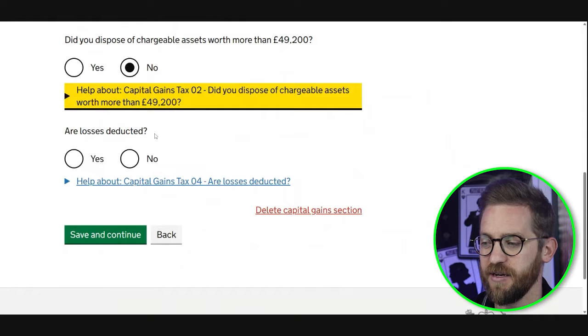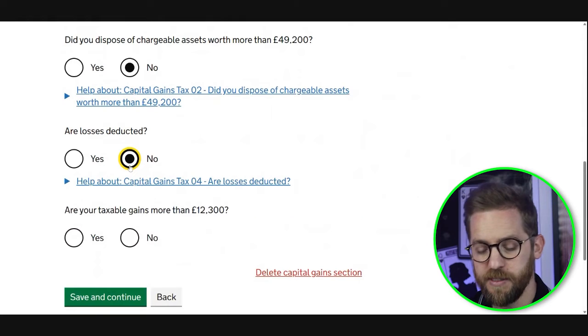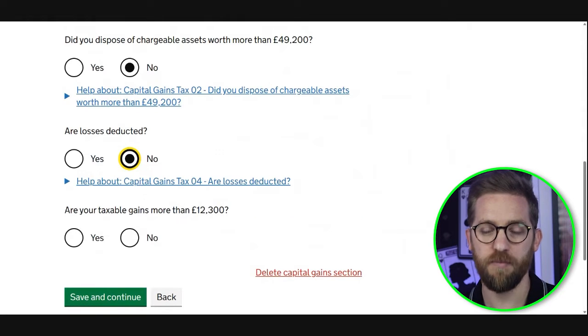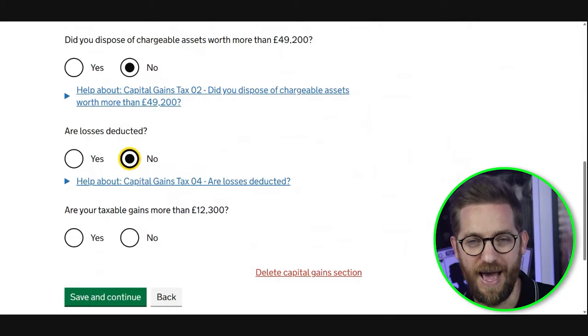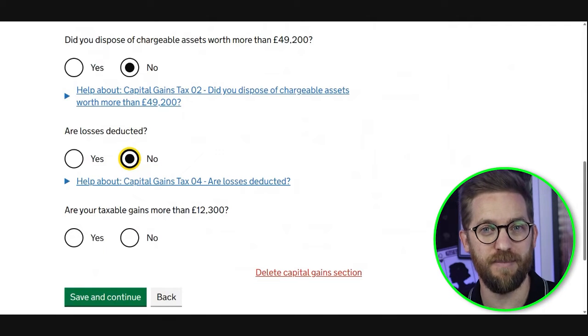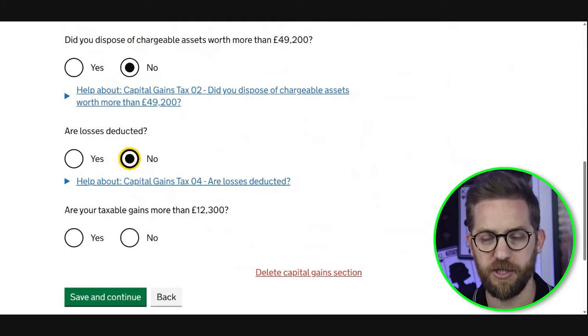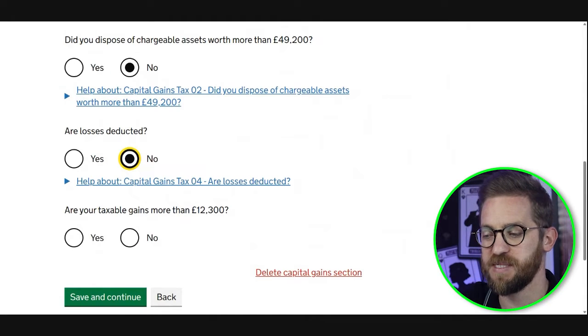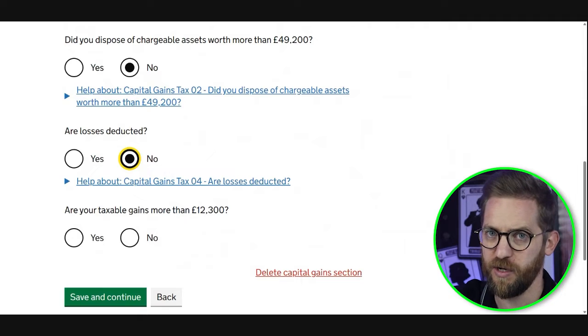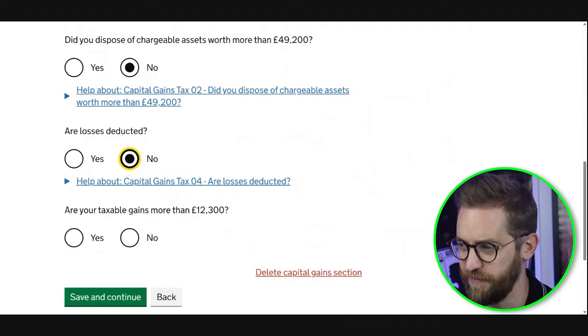Are losses deducted? Again, I'll say no. So typically in a tax year, you might dispose of some assets where you make a capital gain, you make some money, a profit on the disposal, you sold it for more than you purchased it for, and you might dispose of some assets where you make a loss, you sold it for less than you purchased it for.